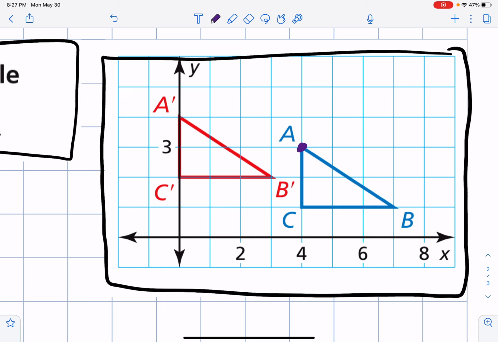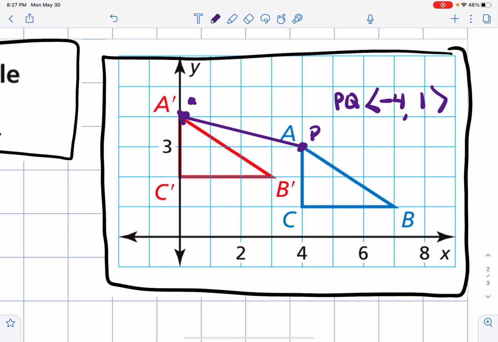So if I was going to draw a vector from here to here, and this was vector P, for example, and then vector Q, so initial and terminal, then vector PQ would have components -4 and then 1, because we are going negative 1, 2, 3, 4 in the x direction, so backwards, and then 1 up. So that vector would translate all of these points from there to there, and then from there to there.